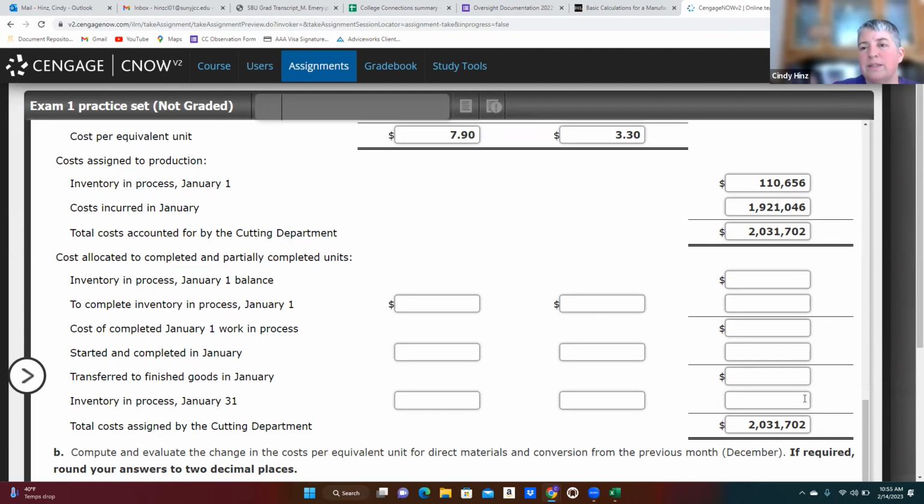So let's go about assigning the costs. As I said, we're using really the FIFO approach, first in, first out. So the first thing we do is finish up that beginning inventory. The beginning inventory already had a cost from right here. The work in process at the beginning of the month in my numbers was 110,656. Well, what did we have to add to that to finish those units?